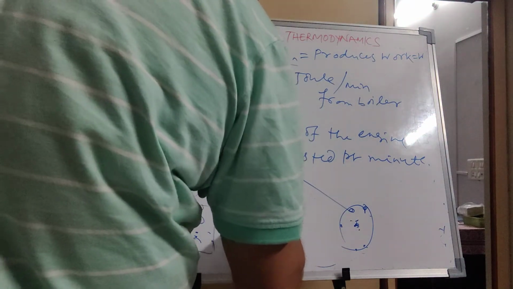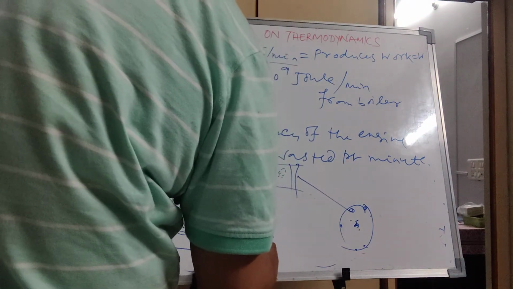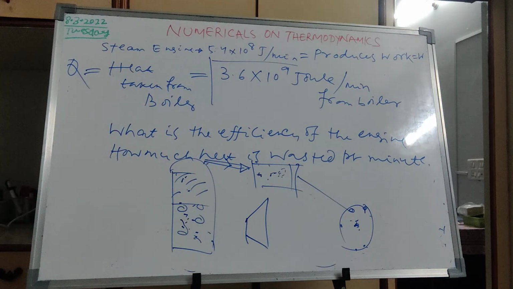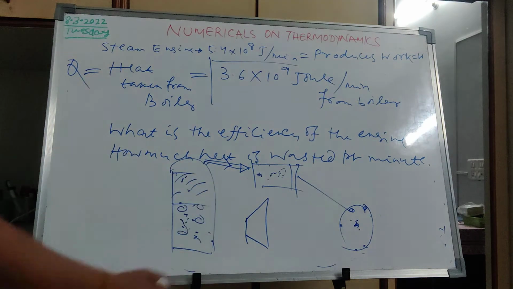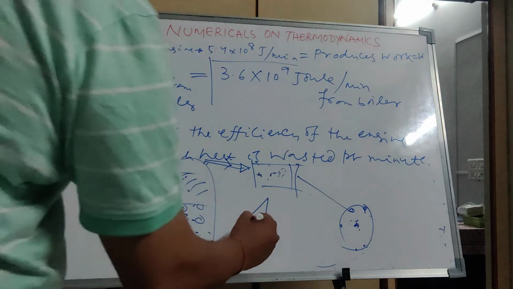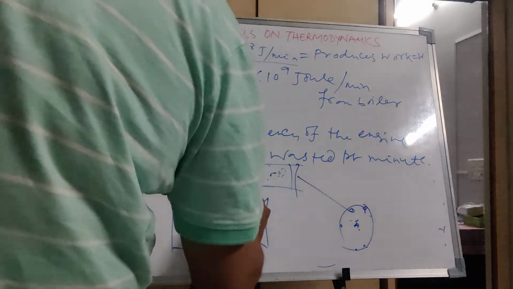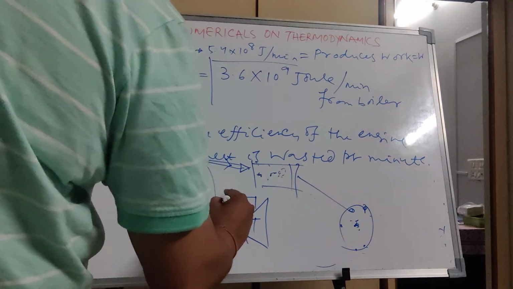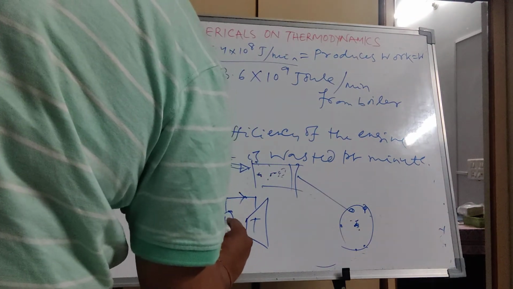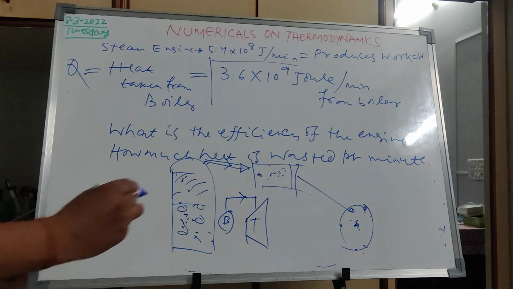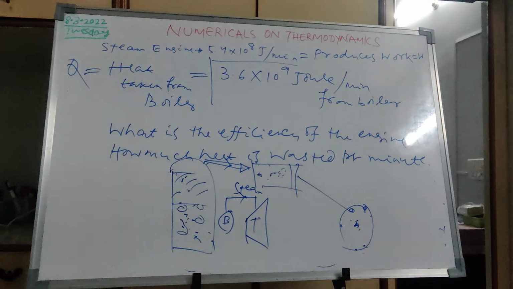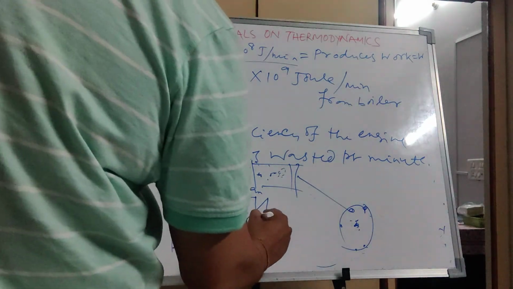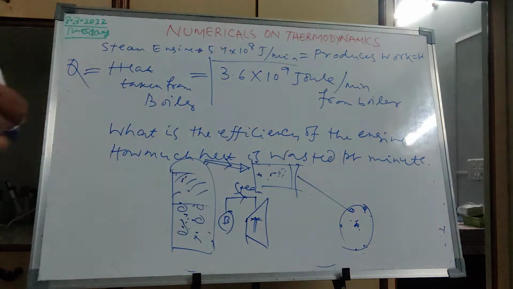Normally turbines are shown like this, because expansion of steam happens there, that's why it is diverging like this. So this is your turbine. To this turbine, your steam is coming from the boiler and hitting the turbine blades. When it hits the turbine blade, it will give out some work.